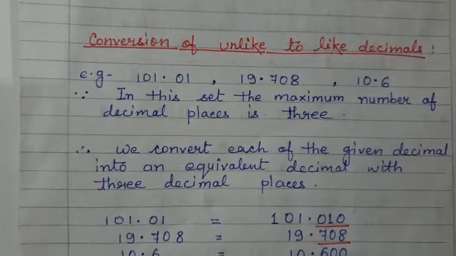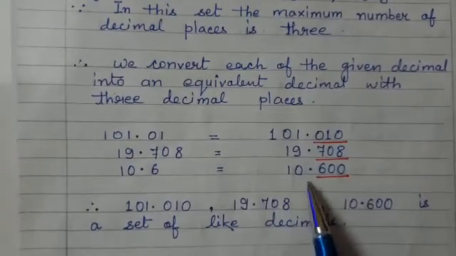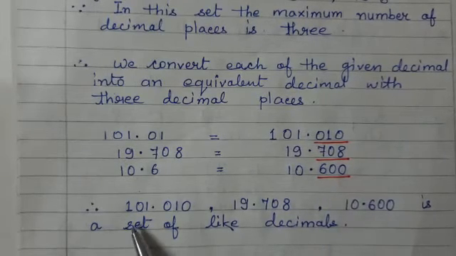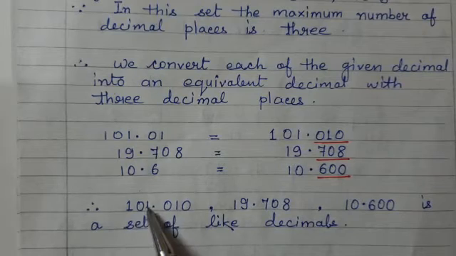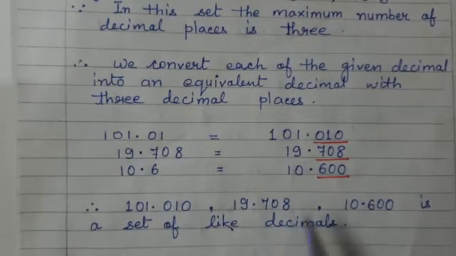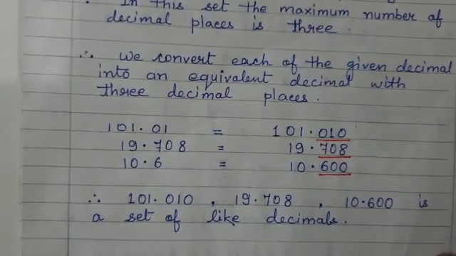From our side we can include 2 zeros to change it into 3 decimal places. Therefore it is now 10.600. And we can say now 101.010, 19.708 and 10.600 is a set of like decimals. So very easily we can convert unlike to like decimals.